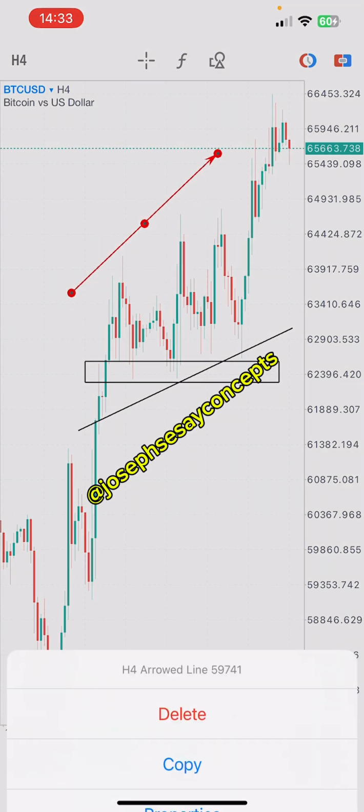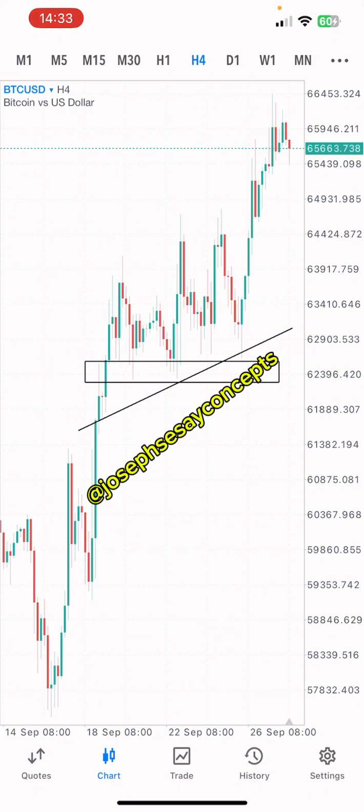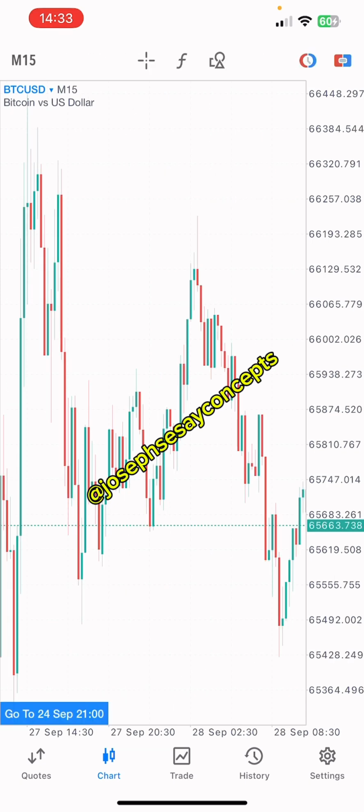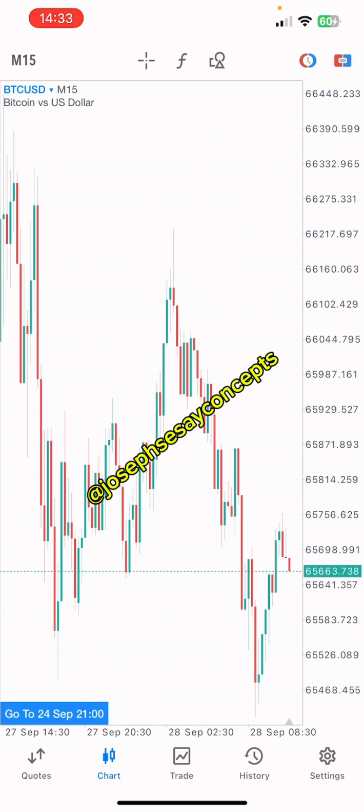If you go to the H1, you are going to see multiple red candles, but the situation is different when you go to the 15 minutes, where we have a lot of red candles here.